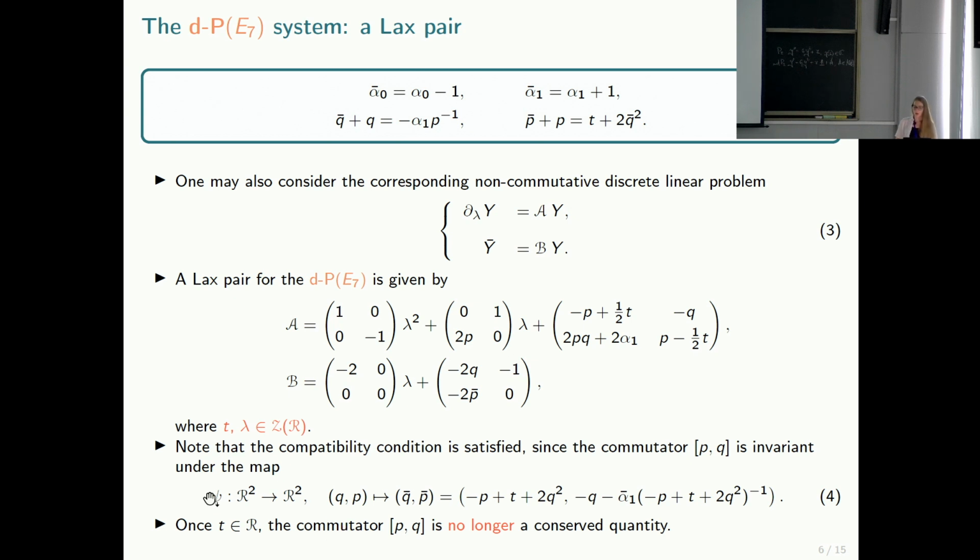And if T is an element of our ring R, then this commutator is no longer a conserved quantity. So in this case, we don't have a Lax pair.